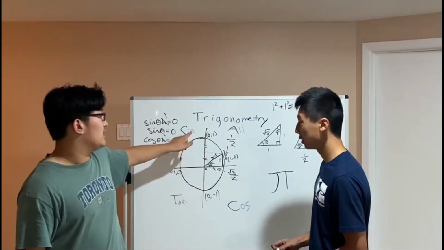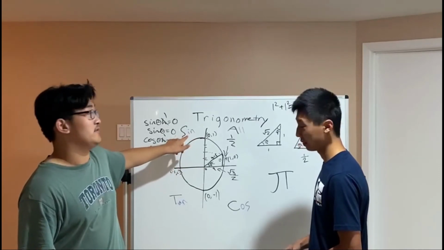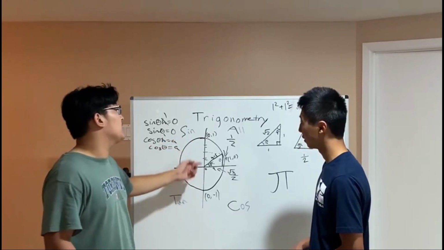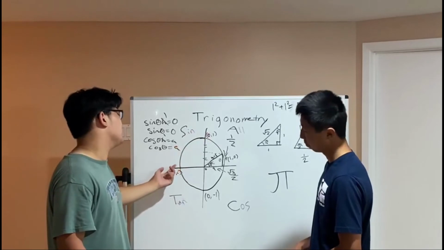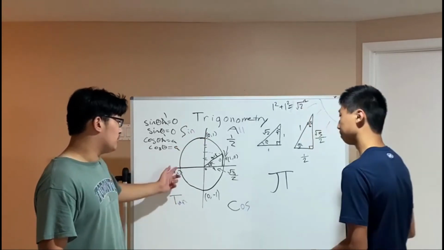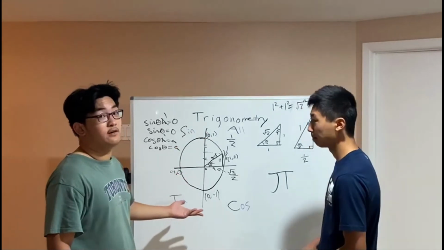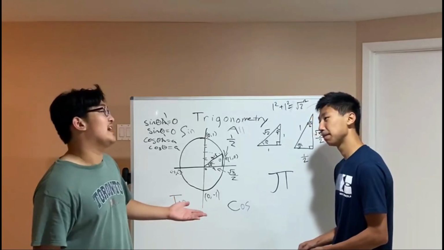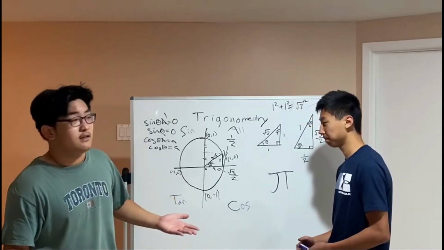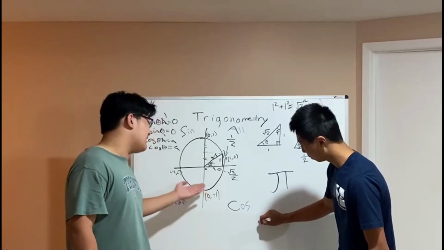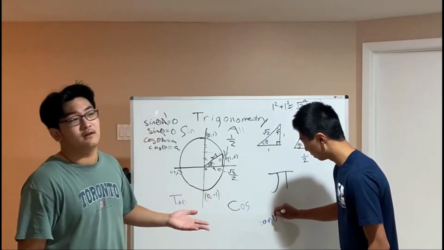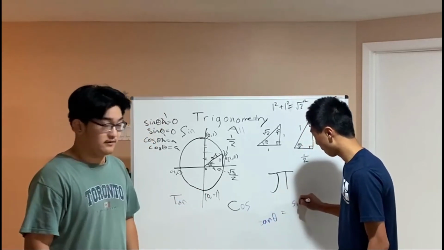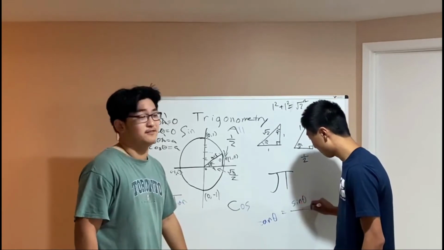Here, only sine values will be positive. But that makes sense as well because the y values are positive, the x values are negative. And here, where both of them are negative, well, we told you previously that the tangent was simply sine over cosine. And a negative over negative will become a positive. And that's how tangent is positive.